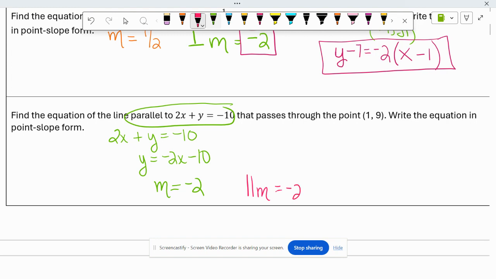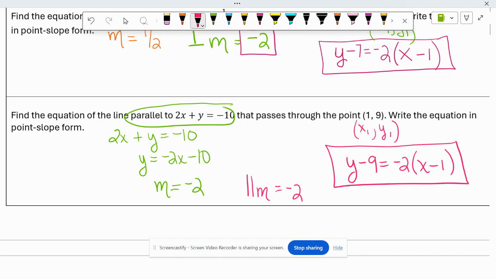Awesome. You feel like you can do the equation? I'm going to label this x sub 1 and y sub 1. You go, girl. Perfect. Outstanding.